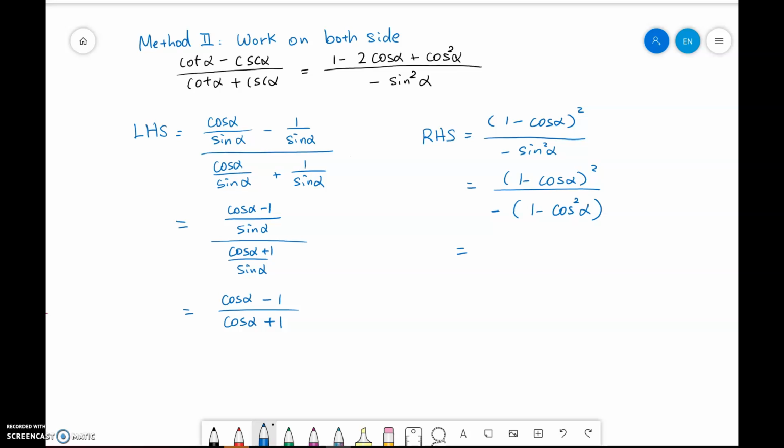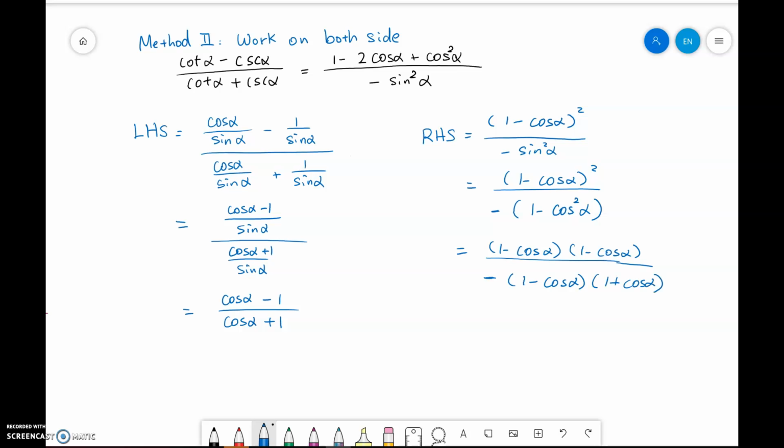Now I'm going to factor the 1 minus cosine squared alpha. I'm also going to rewrite the square as two copies of 1 minus cosine of alpha, and 1 minus cosine squared alpha will become 1 minus cosine alpha times 1 plus cosine of alpha.